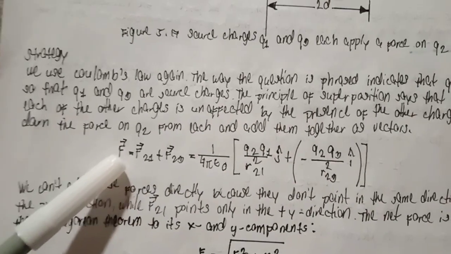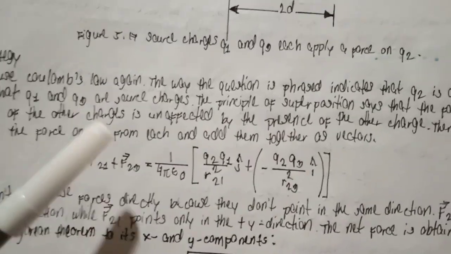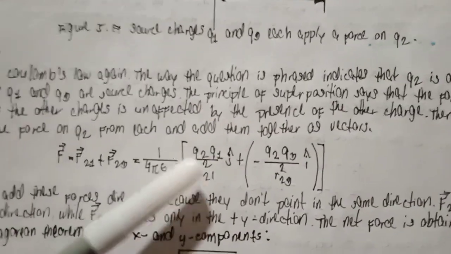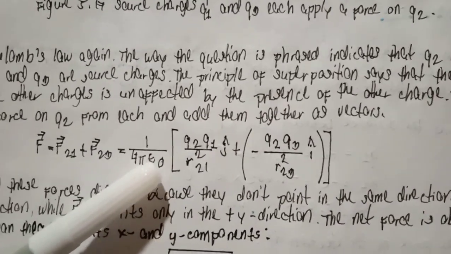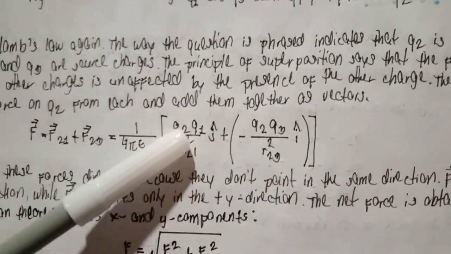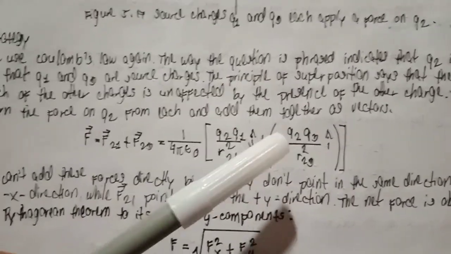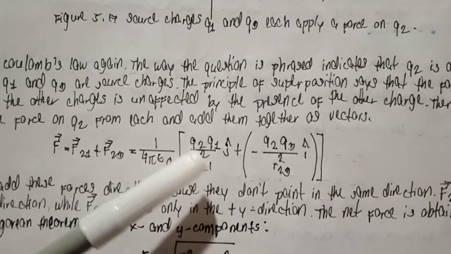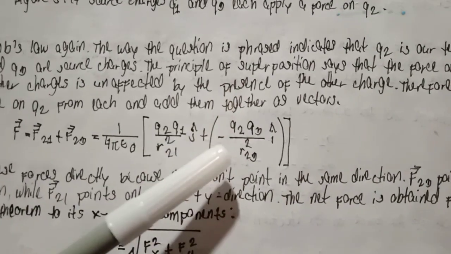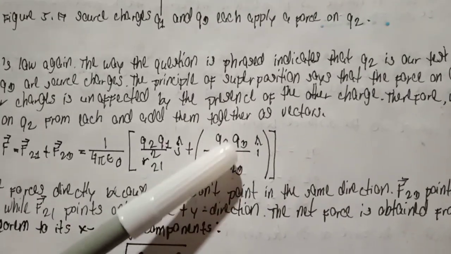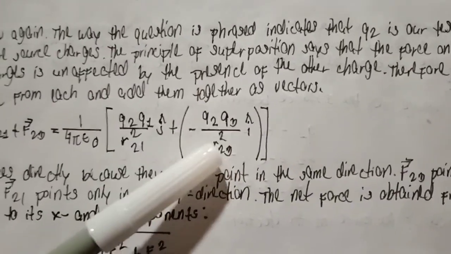So F equals F sub 21 plus F sub 23, which equals 1 divided by 4 pi epsilon 0, times the quantity Q sub 2 Q sub 1 divided by R squared sub 21 j plus the quantity negative Q sub 2 Q sub 3 over R squared sub 23 i.